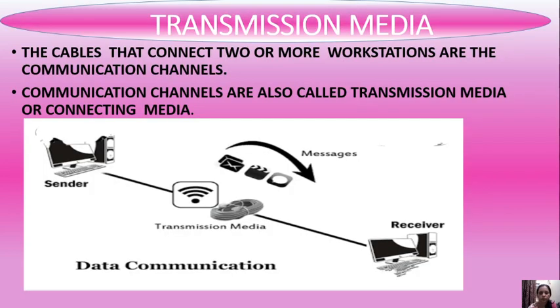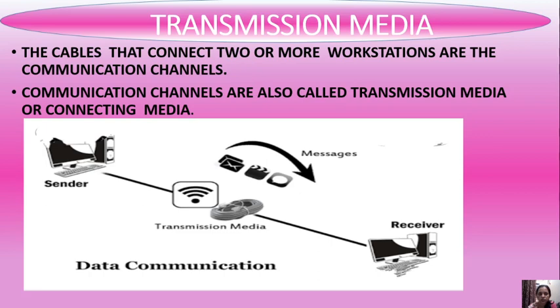Before starting the topic, first we should know what's the meaning of transmission media. Yes, because this infrared, it's a subtype of transmission media. Here you can see one image, two PCs are there, sender PC and receiver PC.